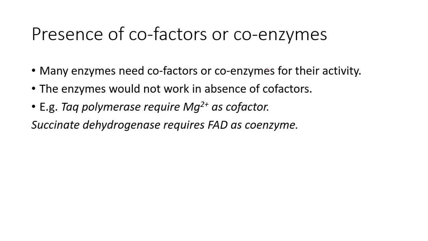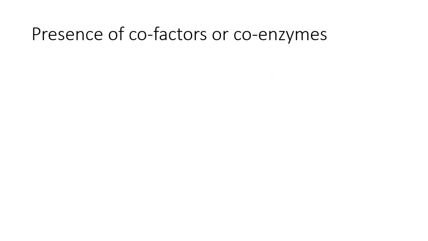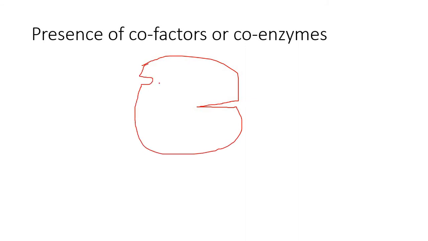So how do these cofactors or coenzymes work? Let us say this is the enzyme, and this particular site is the cofactor binding site. When the cofactor binding site is empty, the active site structure is not complementary to the structure of the substrate, so the substrate cannot enter.